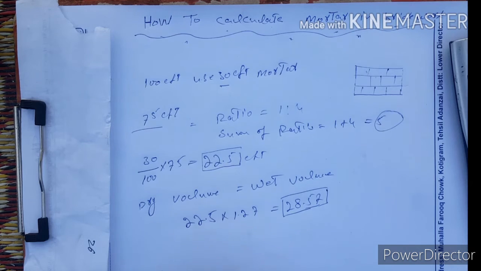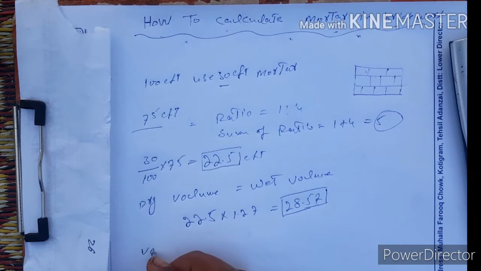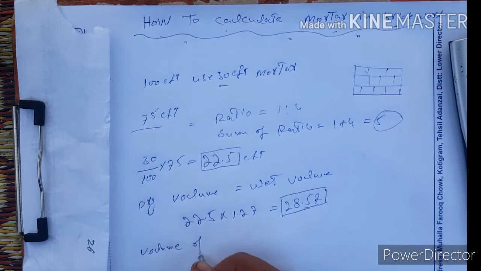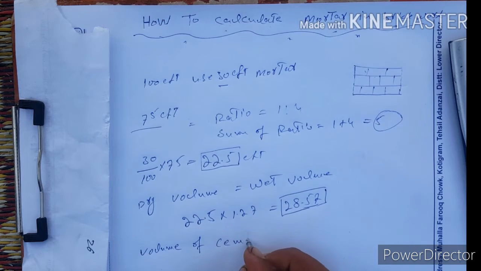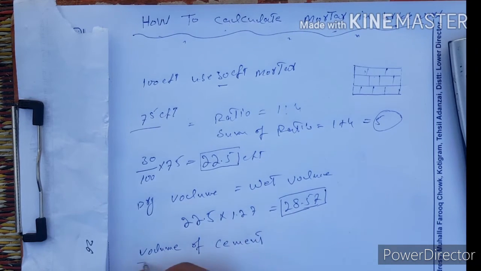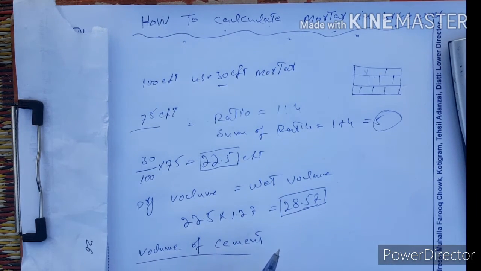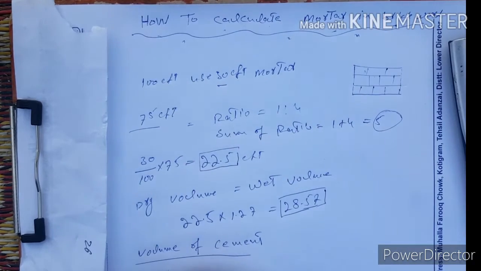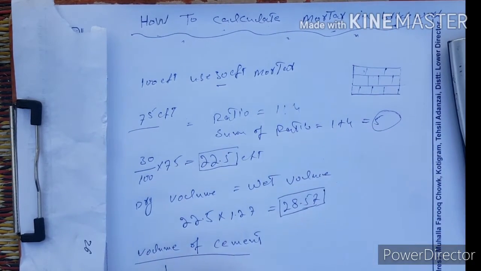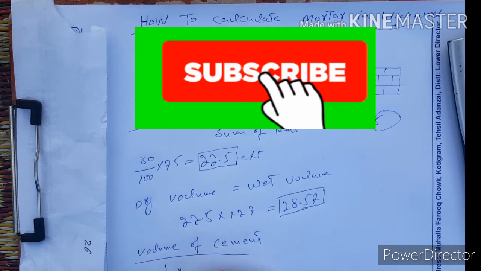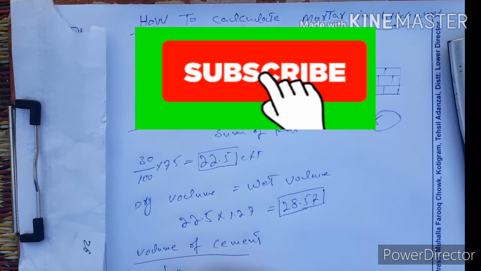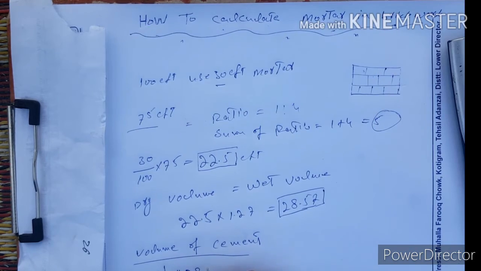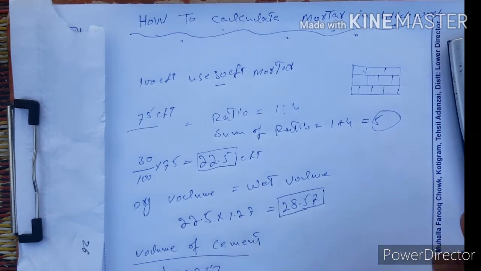Now I find the volume of cement. The ratio is 1, all the ratio is 5, multiplied by dry volume 28.57.